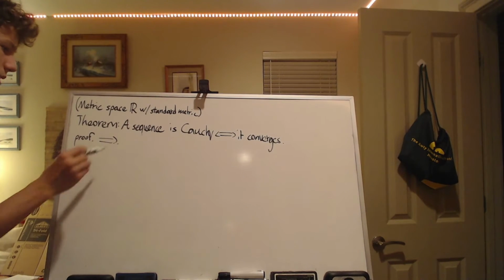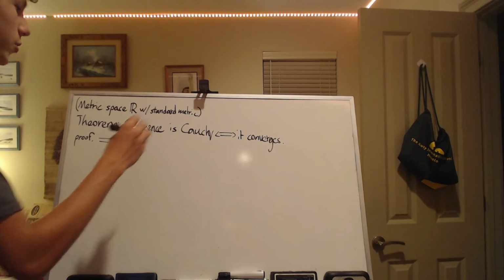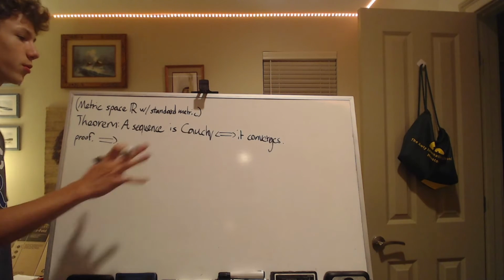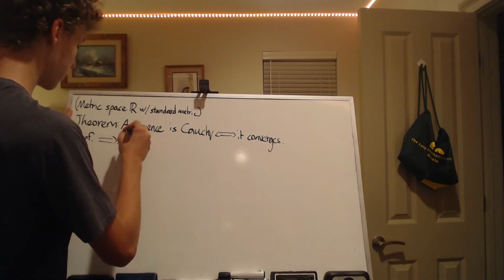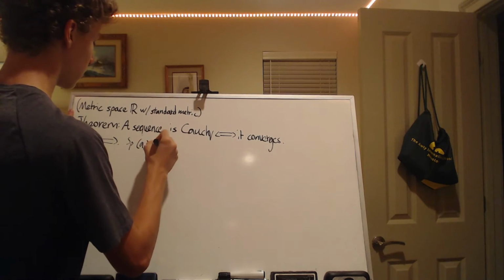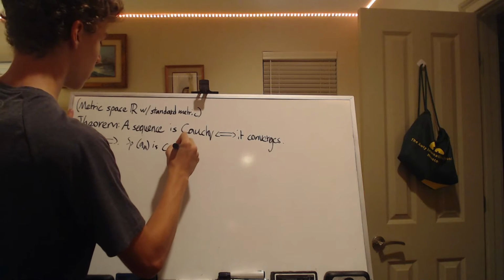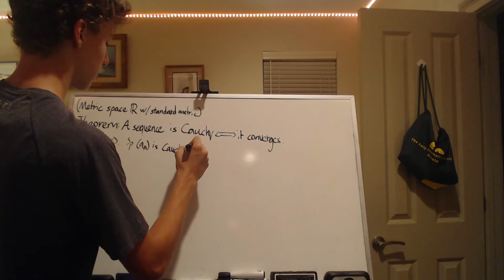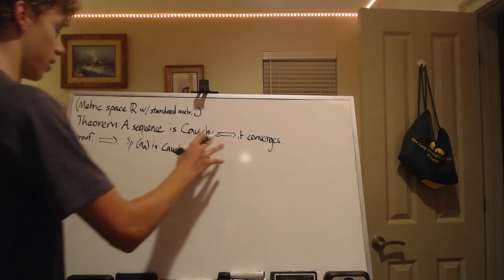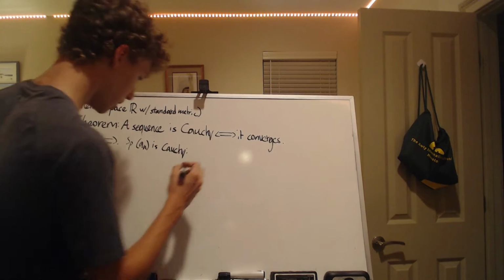Okay, so now let's consider this forward direction. That is, let us suppose that some sequence is Cauchy, and then we want to show that it converges. So suppose, again, a sub n is Cauchy. Let's just write out the definition of being Cauchy.